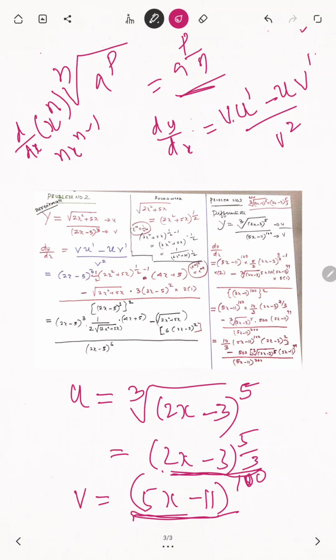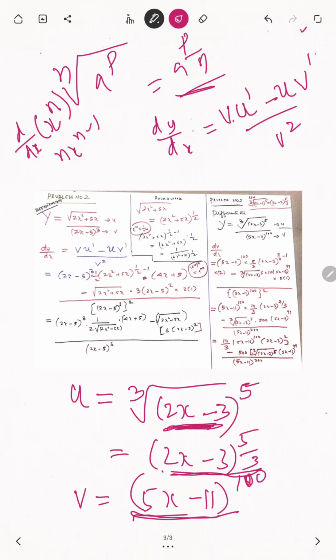Okay, now what happened? They asked you to differentiate u. In u, what are the steps available? Differential of power and differential of base. Now you think only the differential of power is over. The differential of u is not completed, because the differential of base is pending. What is the base? The base is 2x minus 3. Don't go anywhere.